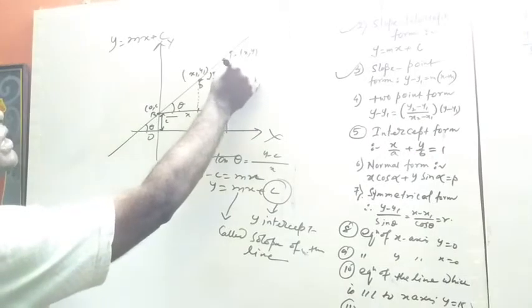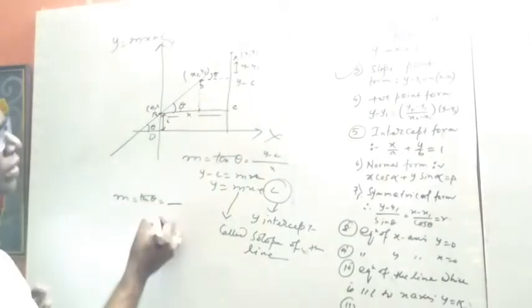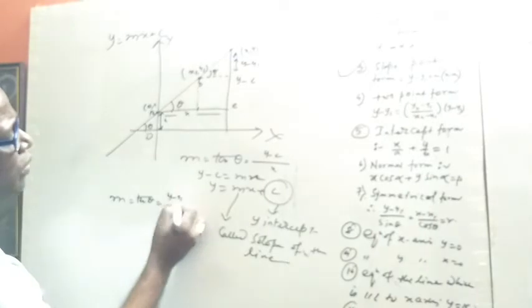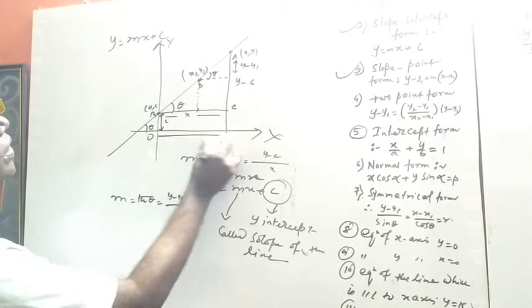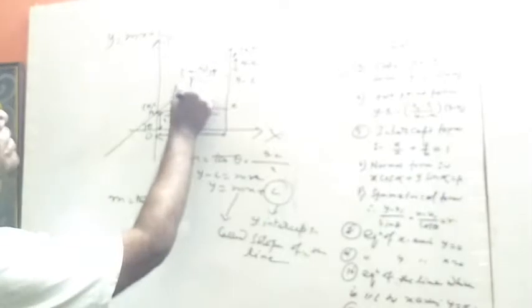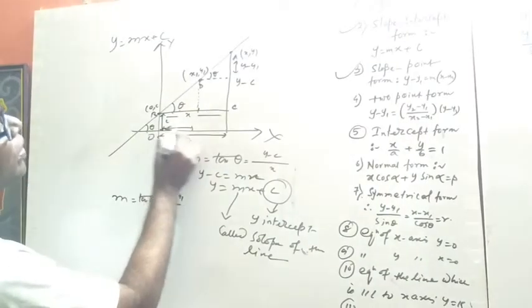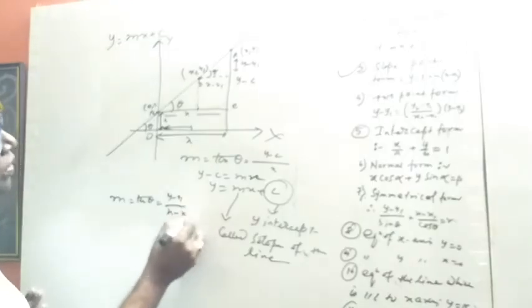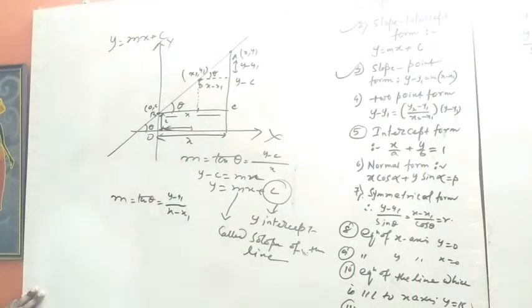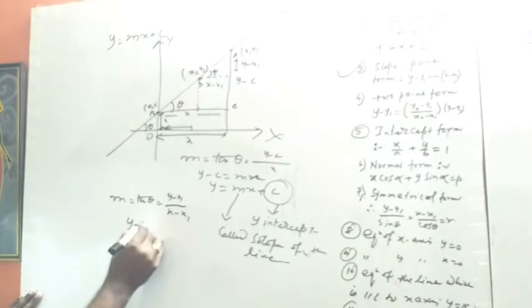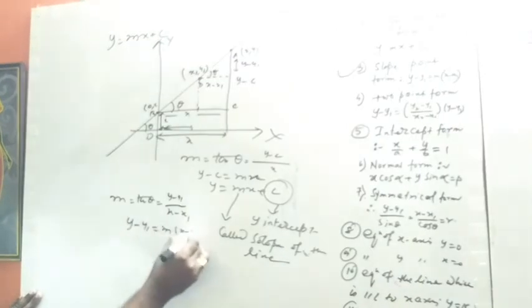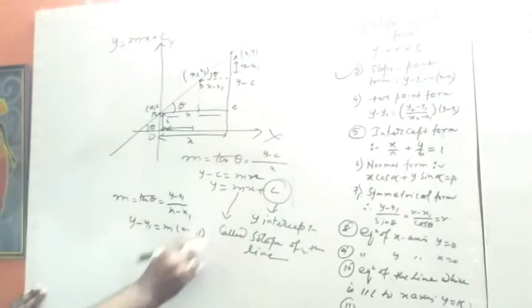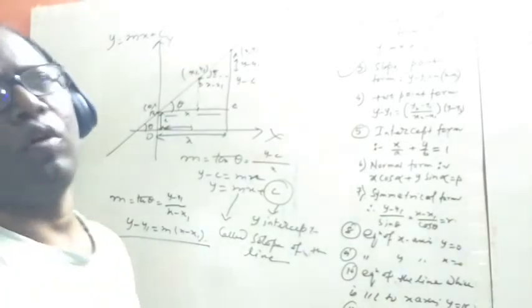So this resultant height is y minus y1. Again, this base is x and this is x1. So this resultant base is x minus x1. See the drawing. Okay. Then y minus y1 equal to m into x minus x1. This is called the point slope form. ঠিক আছে?